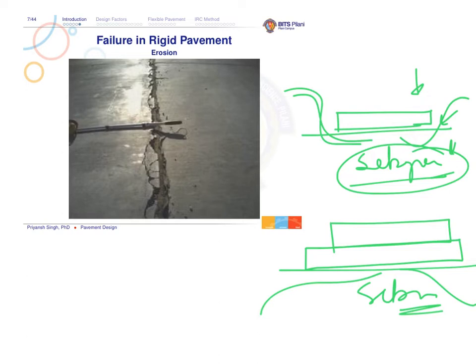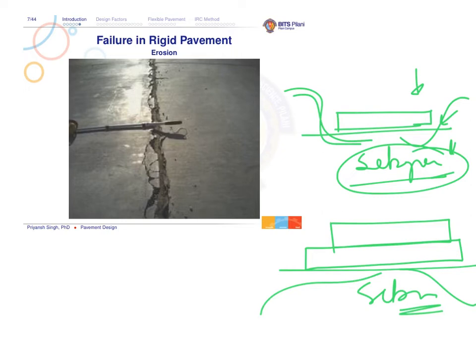In the IRC method of rigid pavement design, we don't account for the erosion as a direct designing parameter, but we design the pavement for drainage, such that a proper drainage system can be constructed while constructing a pavement and there will be no failure because of erosion of subgrade.